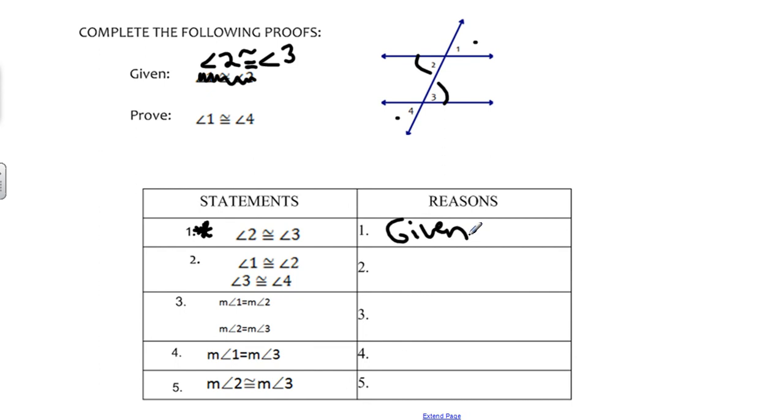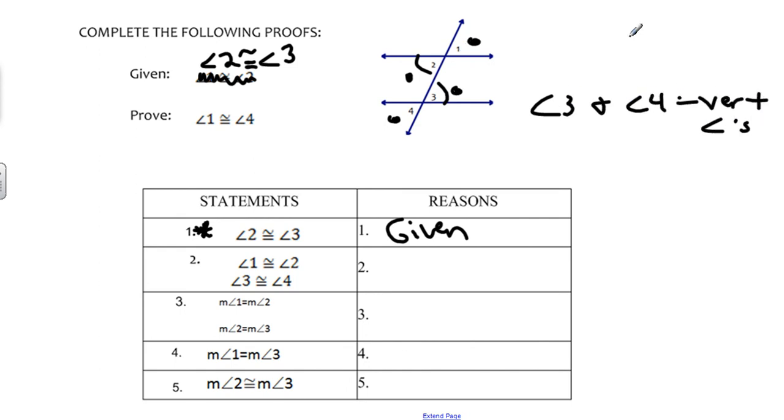And then number 2 says that angle 1 is congruent to angle 2. So here's angle 1 congruent to angle 2, and angle 3 is congruent to angle 4. The reason that these are congruent is because in the picture, what kind of angles are these? Well, angle 3 and angle 4 are vertical angles.